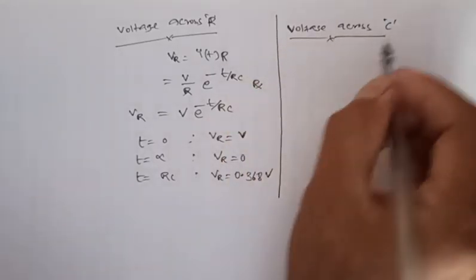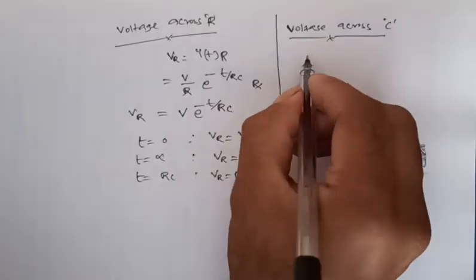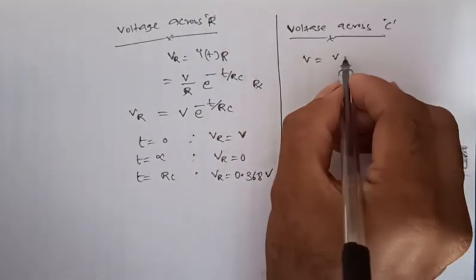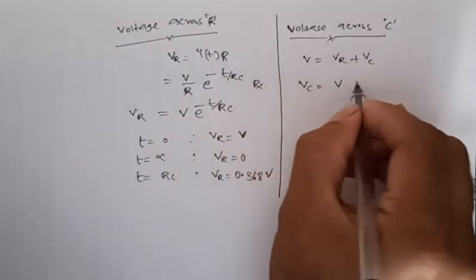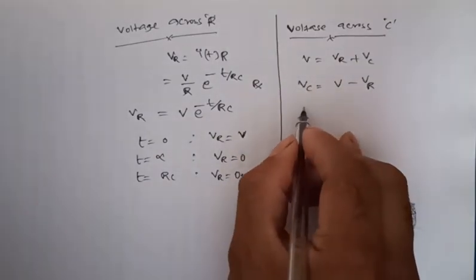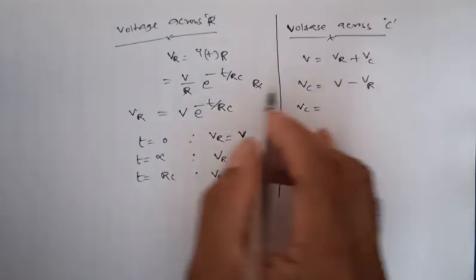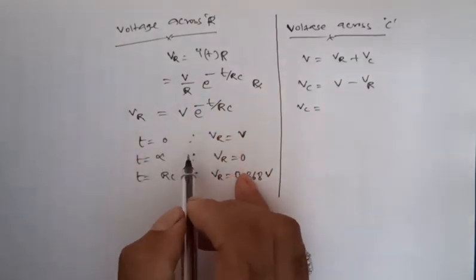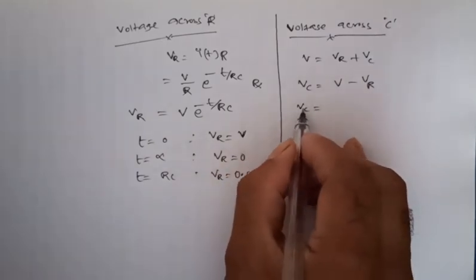Likewise, we can calculate voltage across capacitor. So voltage across capacitor, how can we determine? We know that total voltage V equal to VR plus VC. That's why VC equal to V minus VR, and we know the different conditions of voltage across resistors. So based on that, now take down the analysis.